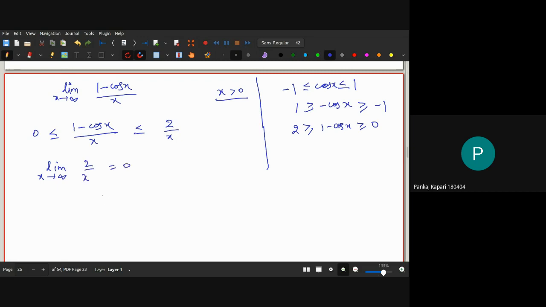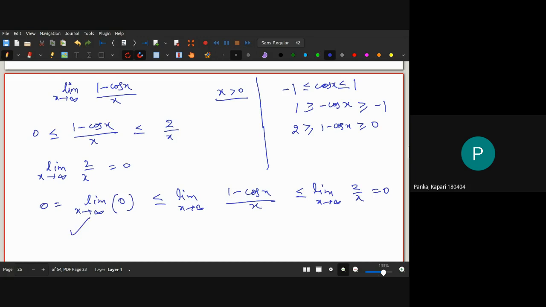Now you can use the sandwich theorem. The limit as x goes to infinity of the 0 function is 0. The right hand side, 2 by x, is again 0, so this limit is 0.